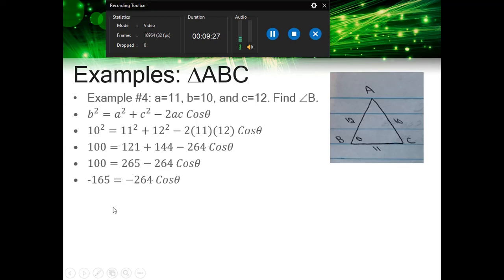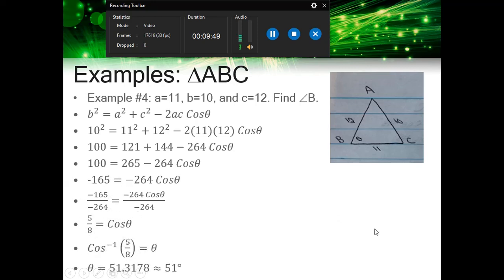At this point, we can now divide both sides by negative 264. It will cancel on the right. My fraction will reduce to 5/8, and at this point, I'm going to activate the inverse cosine, and we're going to switch places. And then I'm going to enter this into my calculator, and my angle is approximately 51 degrees.